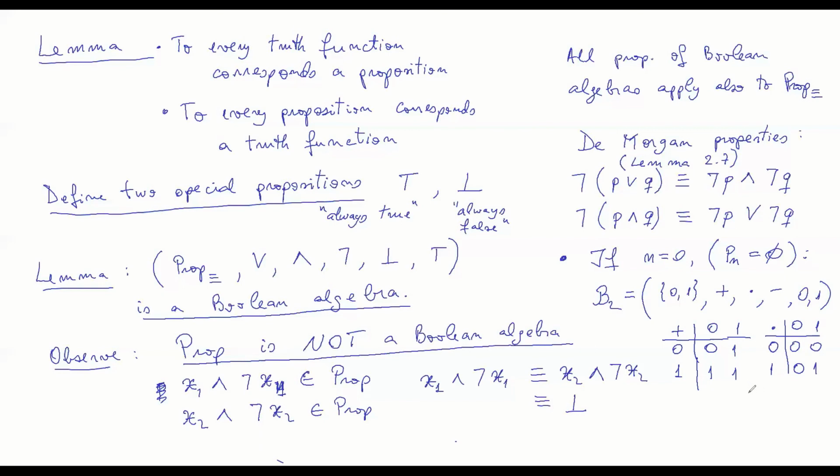And the minus is applied just to one operand. So the minus in the case of 0 is going to become a 1. And in case of 1, this becomes 0.